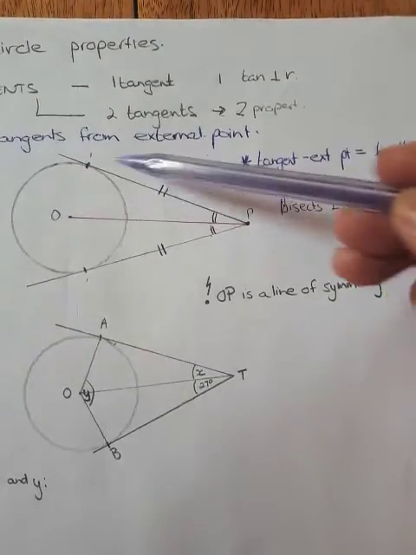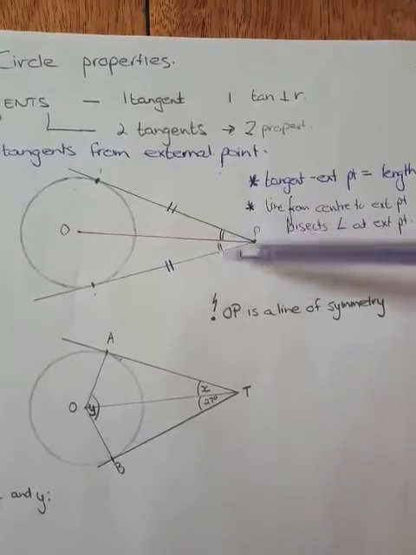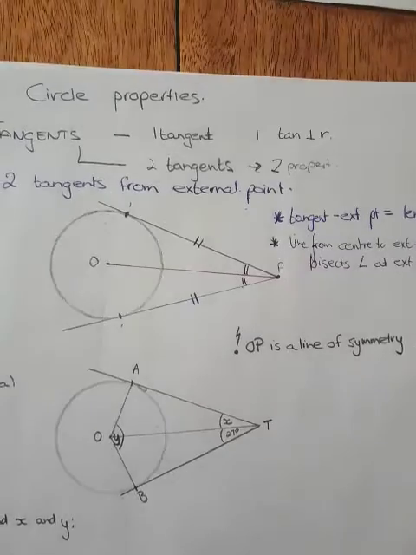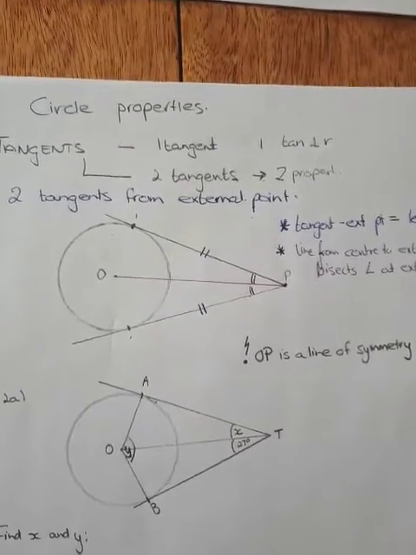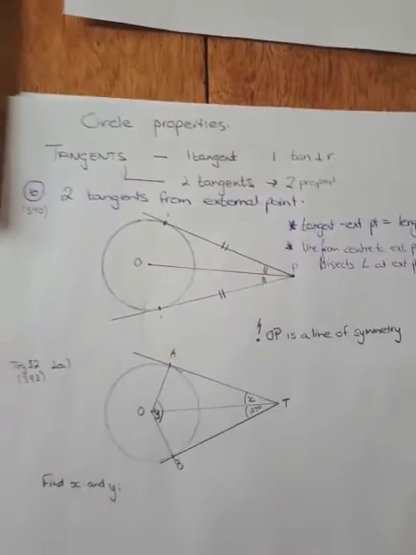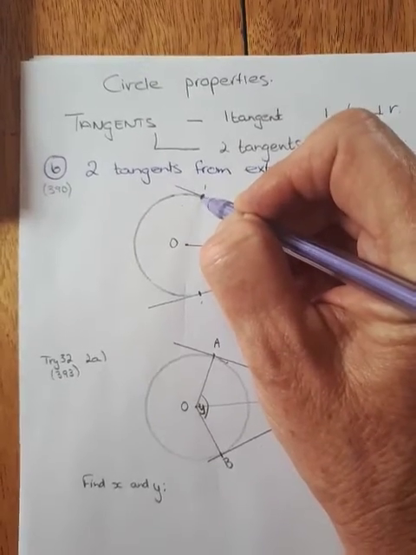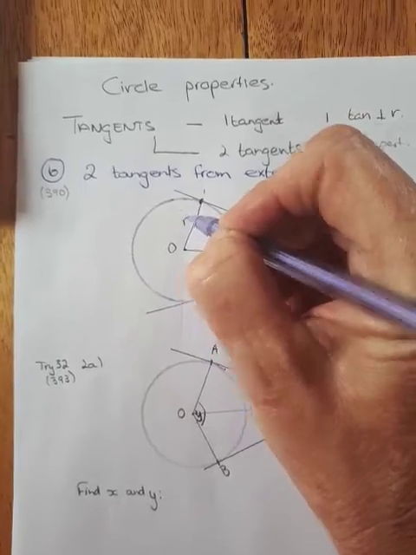So you've got your line lengths here and there that are the same, and you've got your angles here that are the same. I, however, want to go on a little bit and show you something else which you should realize together with these two laws. Number one, when I draw a line from the touching point to O, that is the radius, isn't it?